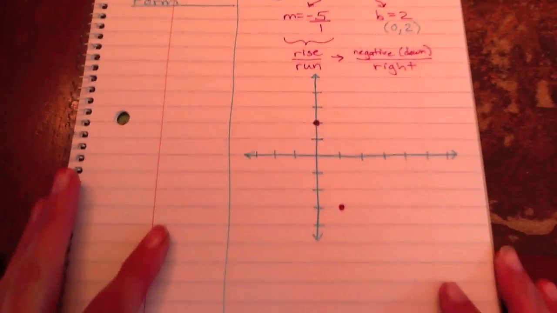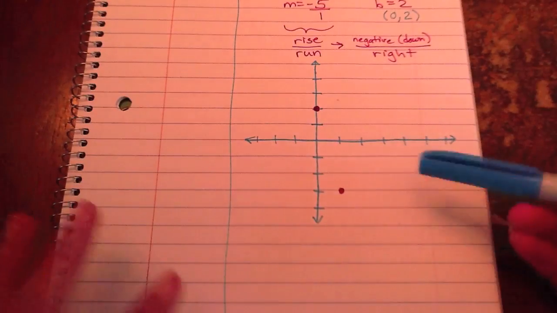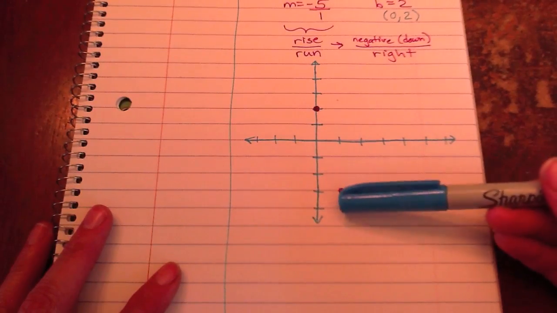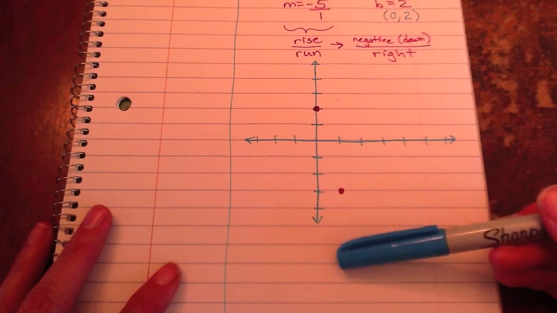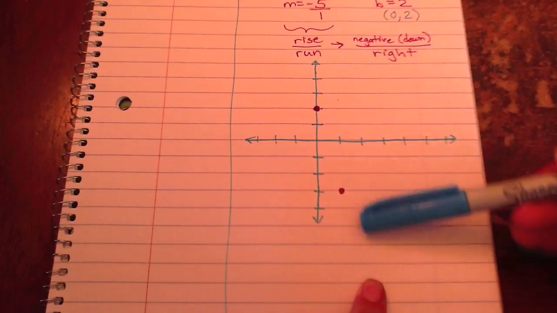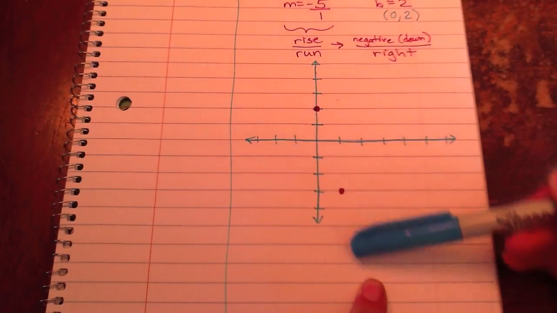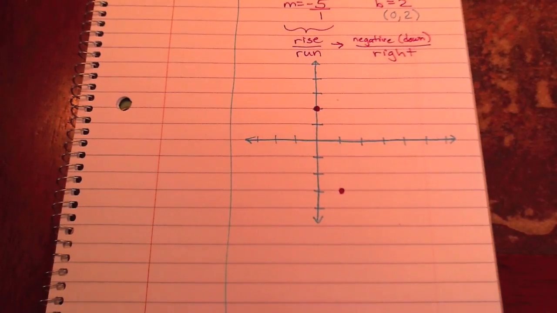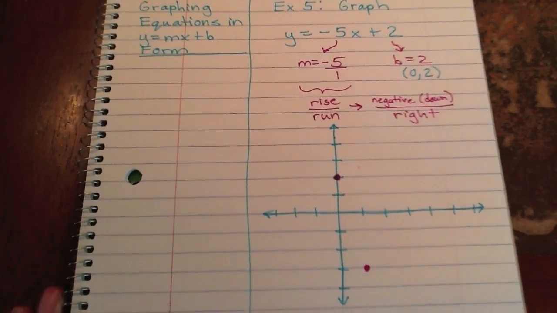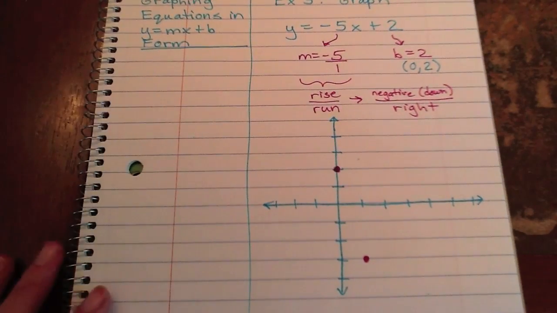But if you wanted to do a third, just so you kind of see how it would work, from here now I start and I count down 5 more. 1, 2, 3, 4, 5, and I go over 1 more. And notice a dot here would line up straight through with those 3. So go ahead and get a straight edge and draw your line in there, and then hit play, and I'll have stuff written on the left for you also.